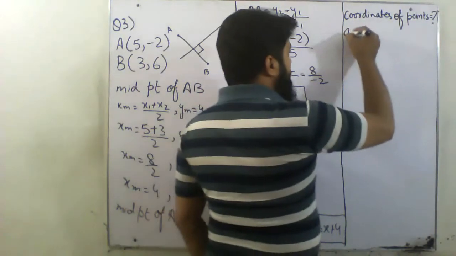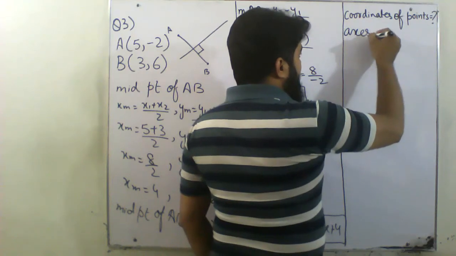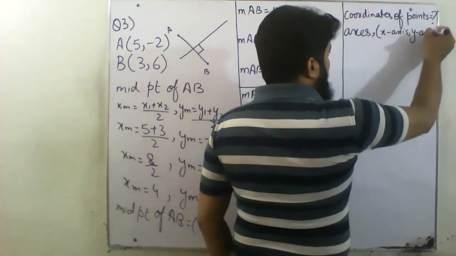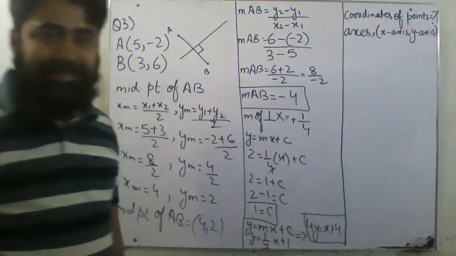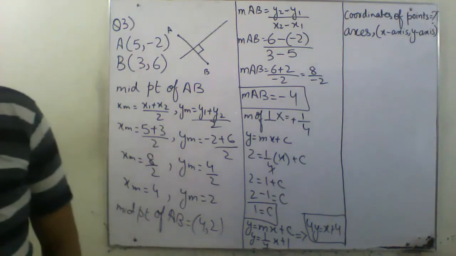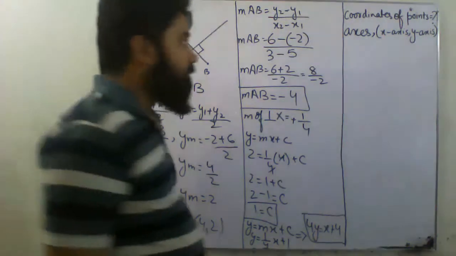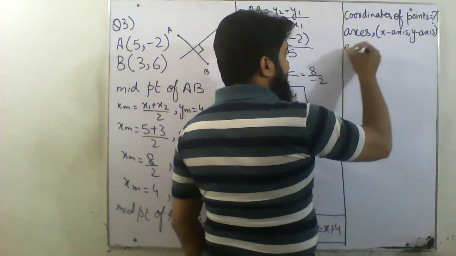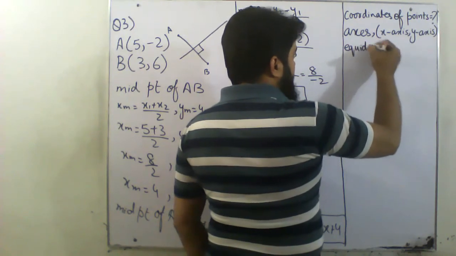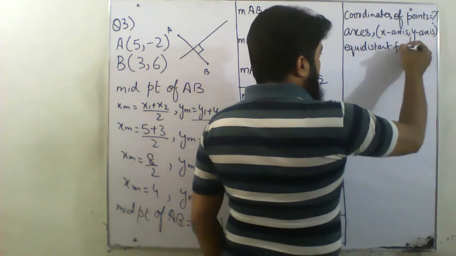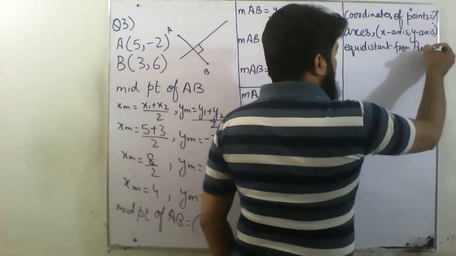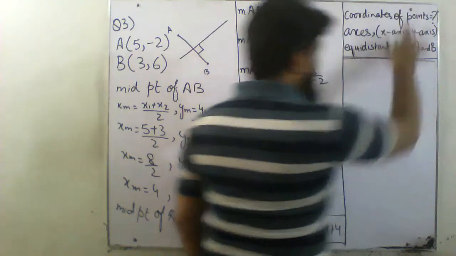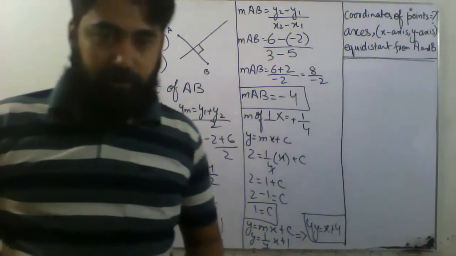Axes means they are on the x-axis and they are on the y-axis, and equidistant from A and B. These points which are lying on the x-axis and y-axis are equidistant from A and B. This is the whole scenario given to us, on which I have to do the working.